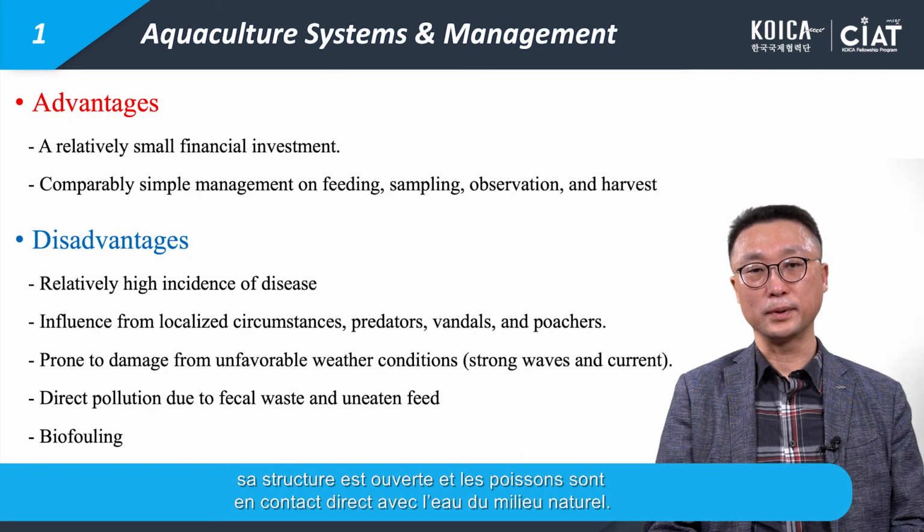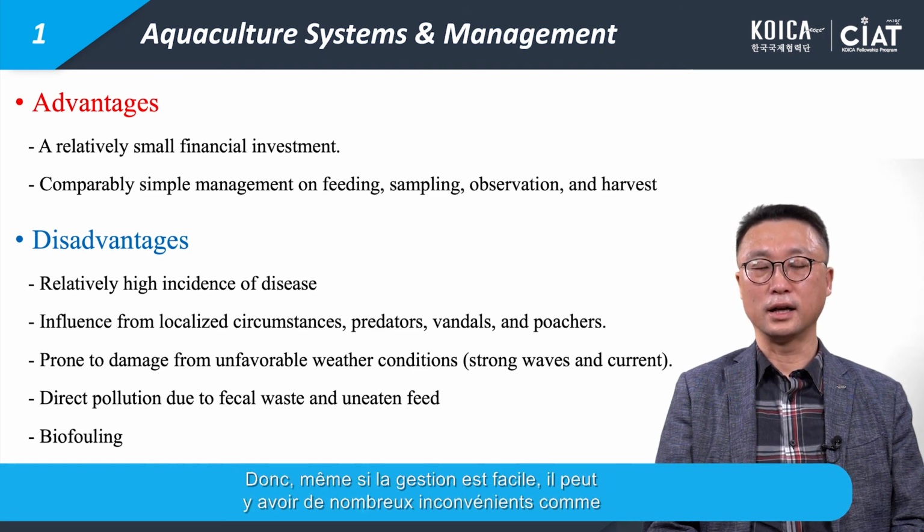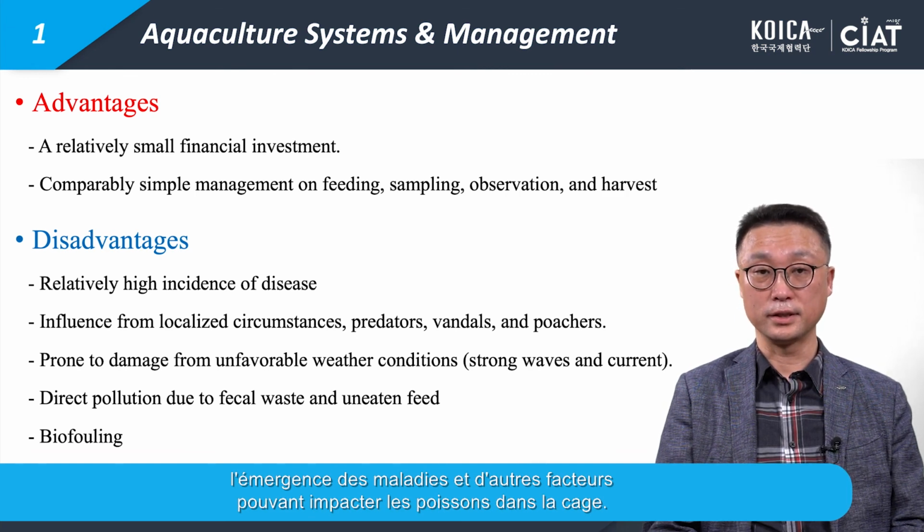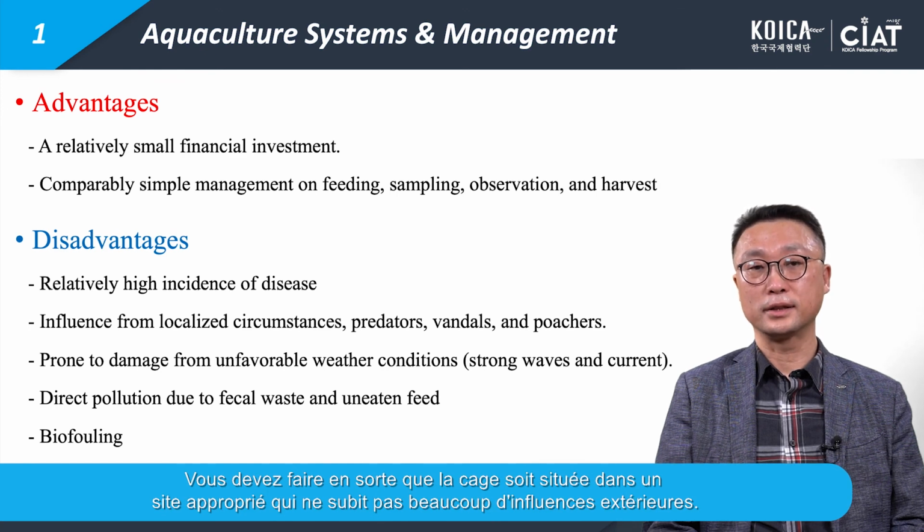So even if it is quite easy to set up and raise fish, it can have quite a few disadvantages, like a high incidence of disease and influence from localized circumstances, and other factors can affect your fish in the cage. So you have to make sure the cage system is located at a really good site, not having a lot of influence from outside the cages.